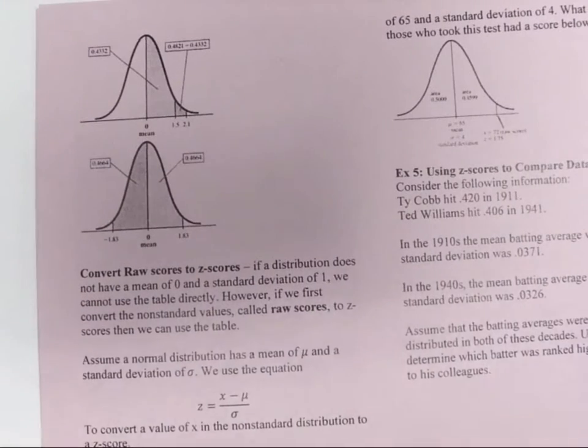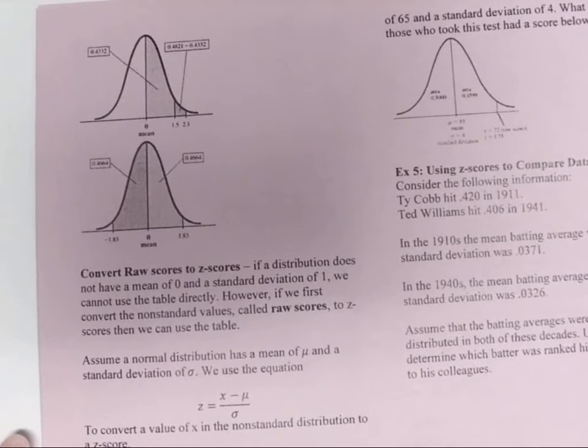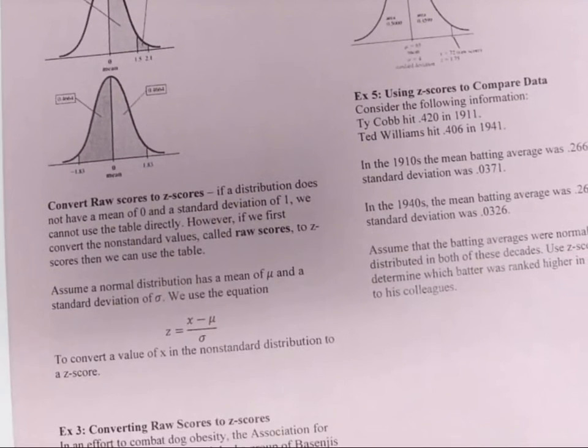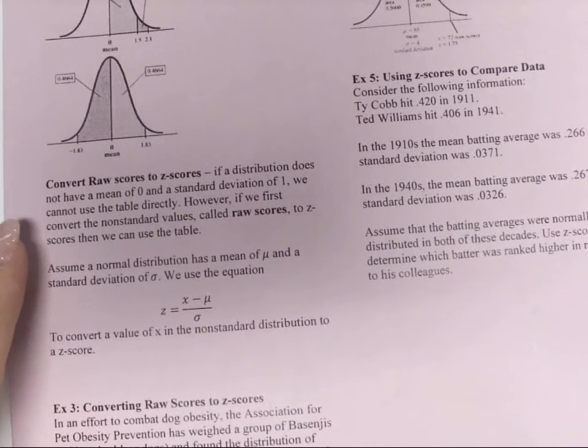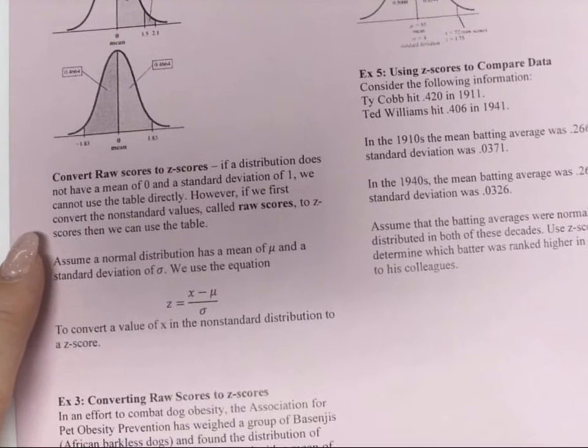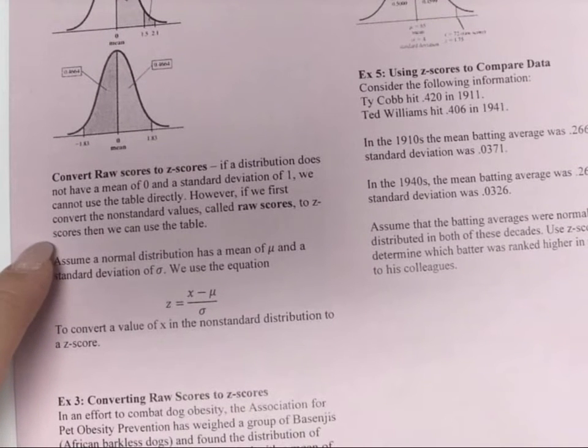All right, the next thing that we want to do is some converting from raw scores to z-scores. If a distribution does not have a mean of 0 and a standard deviation of 1, we cannot use the table directly. However, if we first convert the non-standard values, called raw scores, to z-scores, we can use the table.